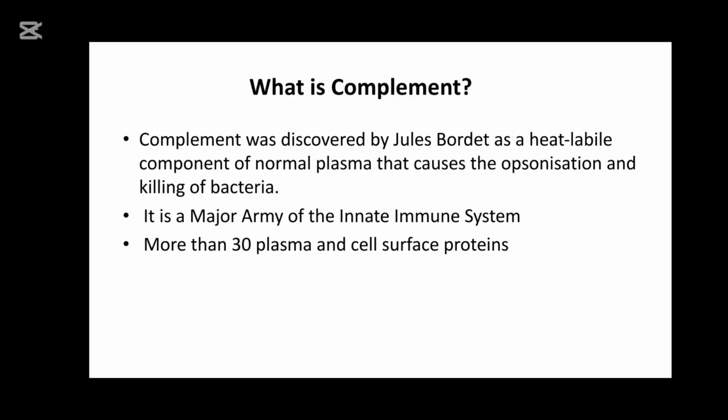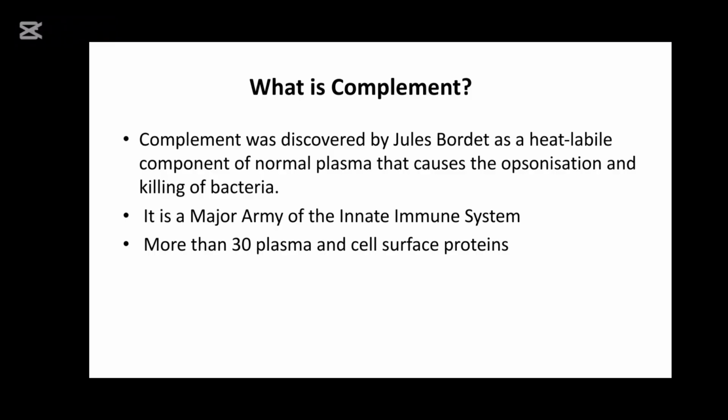One thing I should remind you is that the complement system is a protein, and you know that proteins get denatured at high temperature. For the complement system it is specifically at 56 degrees Celsius. It is a component of the normal plasma that causes the opsonization as well as killing of bacteria. Opsonization is more like decorating or marking the antigen for antibodies to attack it, so that it can be recognized by the body's immune system.